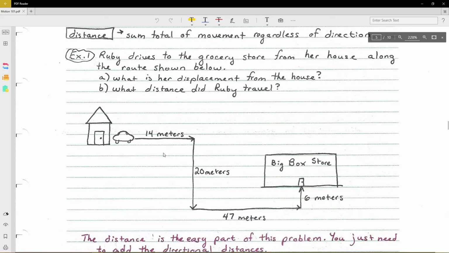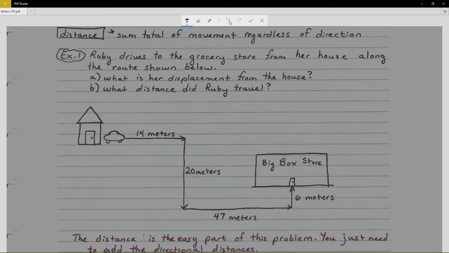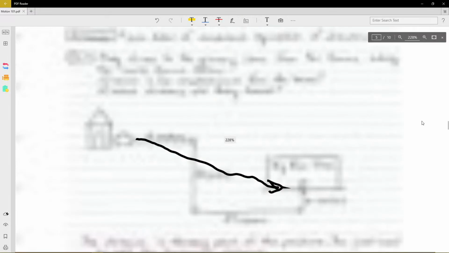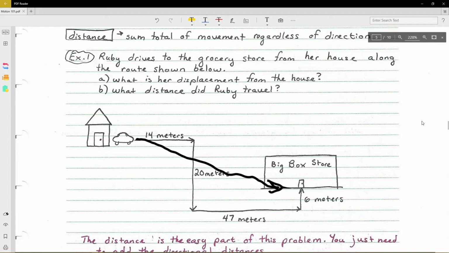because it's this as the crow flies motion, which means it's as if she went straight to the box store, as if there was nothing in her way. If you're ever walking to, say, a friend's house, you know there are other houses in the way, different street corners, maybe you have to cross railroad tracks. There are things that get in your way, and that straight line path is not always possible.